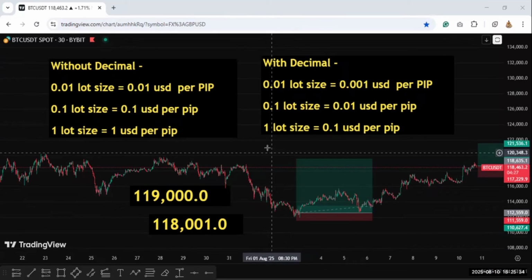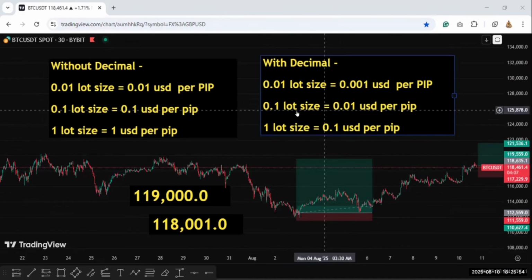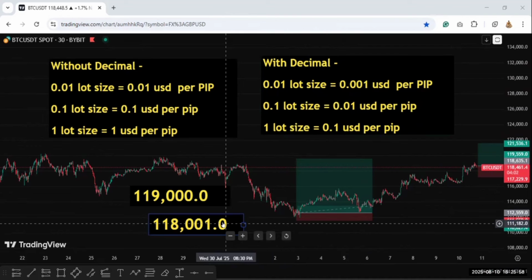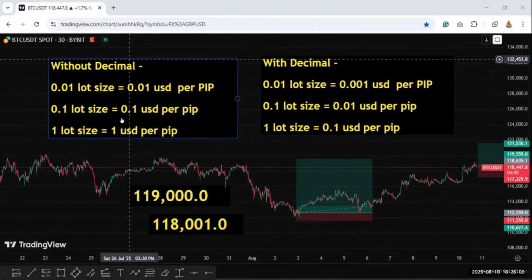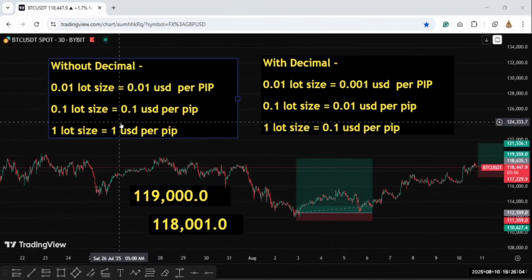Okay, so calculating pips is in 3 different aspects, and I have shown you can calculate your pips and your risk amount using MT5, as I just showed as the third method, and you can calculate using this tool and then applying this formula if you are interested in the decimal, and you can use the one if you are not interested in the decimal. You can now use this particular one.